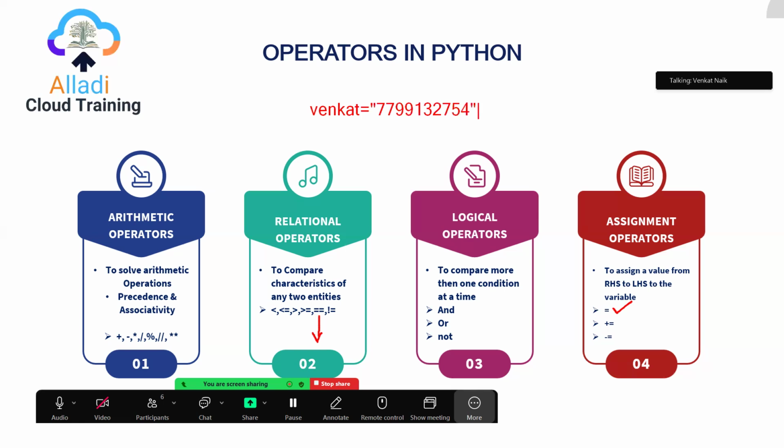You create it in your memory, in your brain: Venkat is my name and mobile number is a value. So here what exactly are we doing with the equal operator? The equal operator allows us to assign a value from the right hand side to the left hand side variable. The same thing I have written here. Humans don't follow this formally, but mathematically, programmatically, we do follow. Otherwise, the equal operator has no meaning.